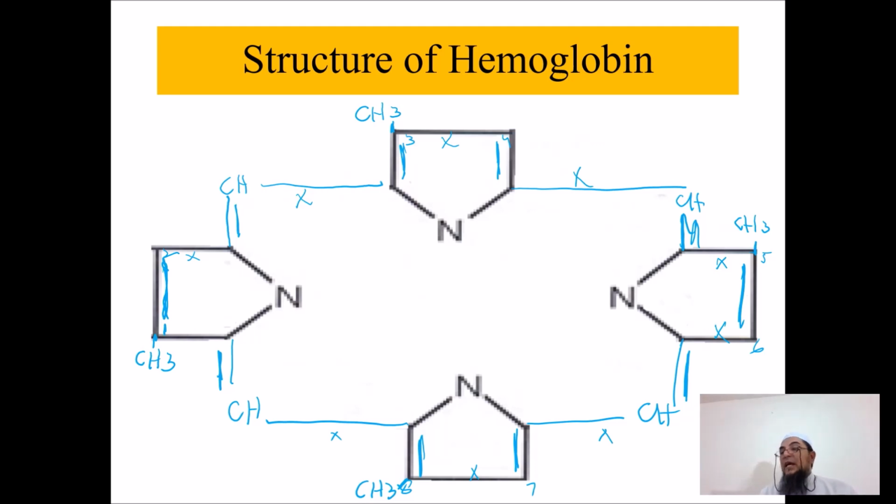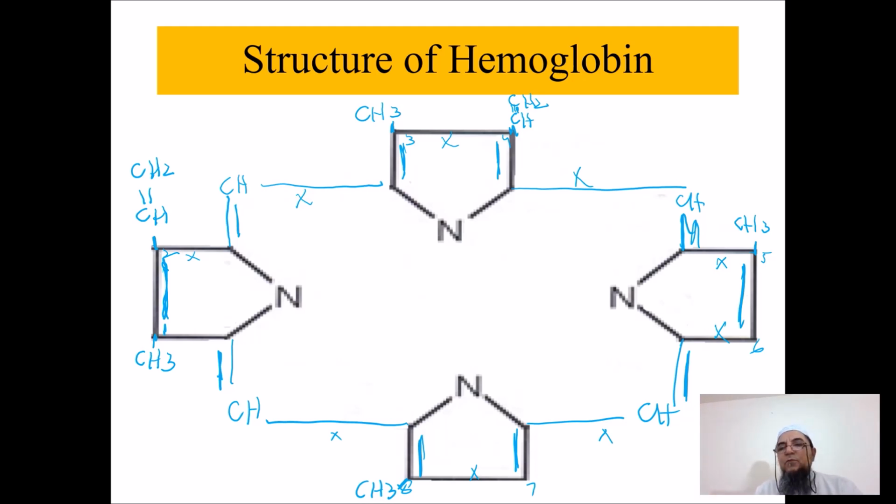Then we have 2 vinyl groups, that is CH=CH2, and these vinyl groups are attached to position 2 and position 4. So here CH=CH2, and at position 4, CH=CH2.